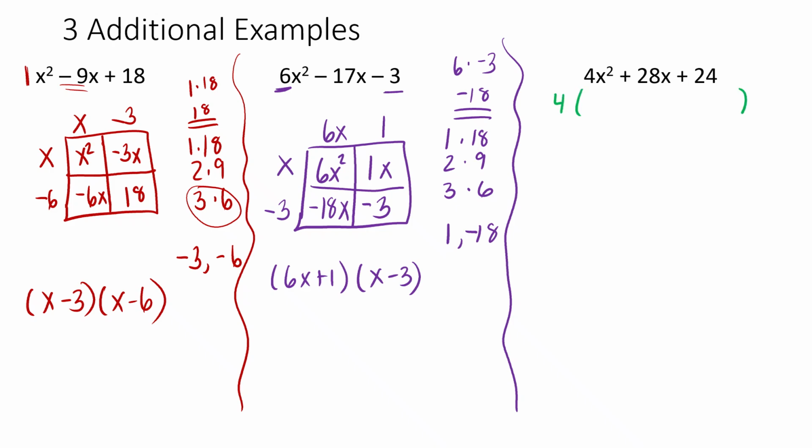And you can think of it this way. We're going to do reverse distribution. So 4 times what would give me 4x squared? Well, that would be x squared. And then 4, if you were distributing it, times what would give me 28x? That would be 7x. You could also think of that as 28, factor out a 4, you are left with a 7.